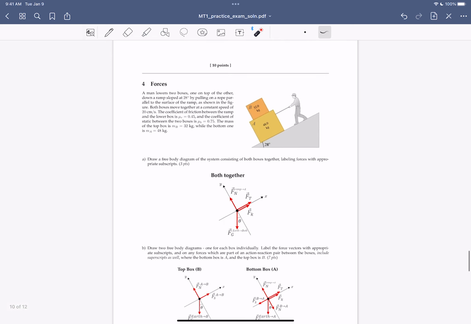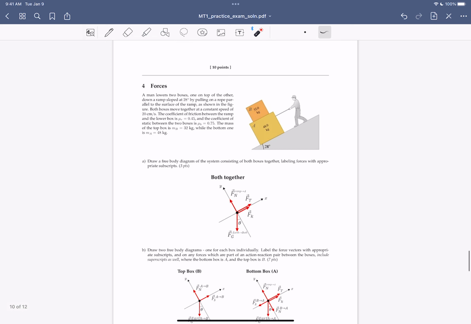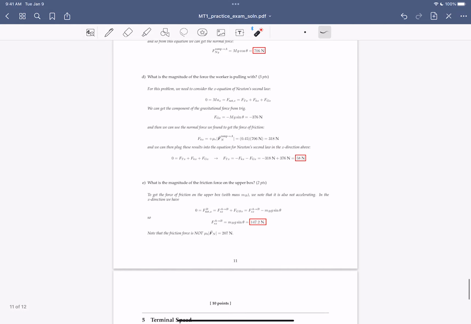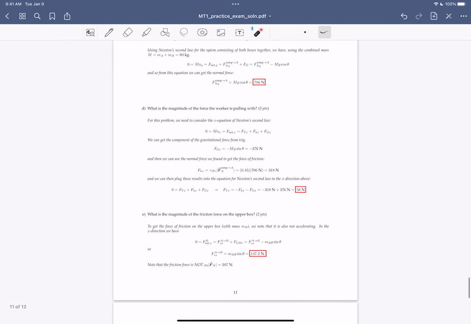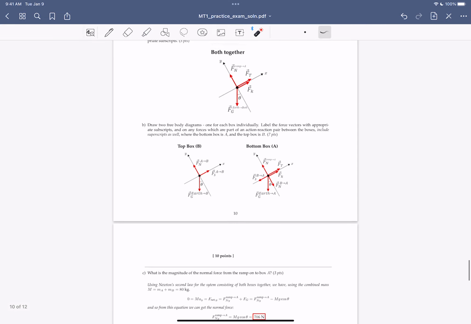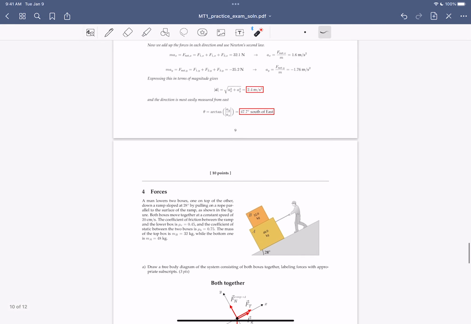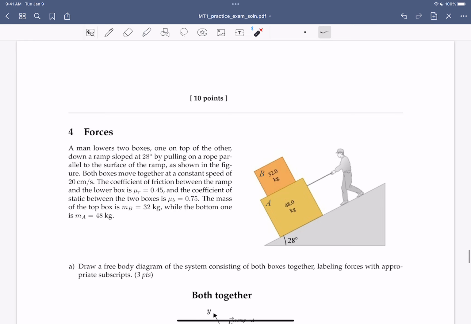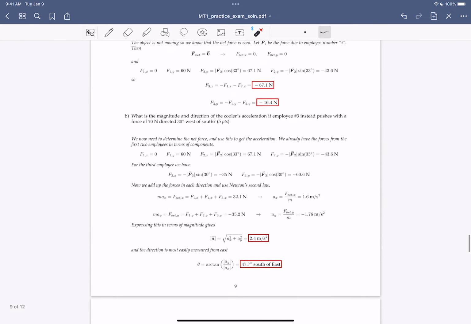I know someone had requested to go over problem 4 parts E through G, I think, but I don't see a G, E through G on my end. Do you guys have different problems? Hold up, is this the same problem that you guys have for problem 4? Oh, that's not good. Is it a totally different problem? Oh, it's about springs.